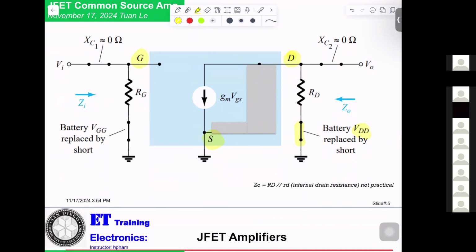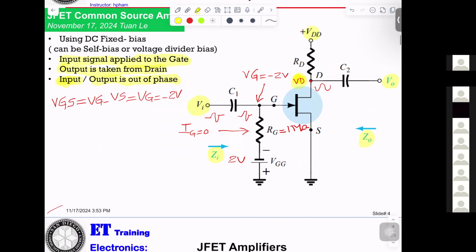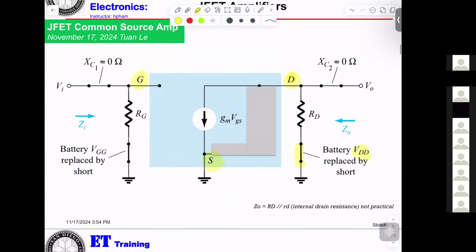So what happened to RD? RD, one side connects to the drain, the other side connects to VDD.